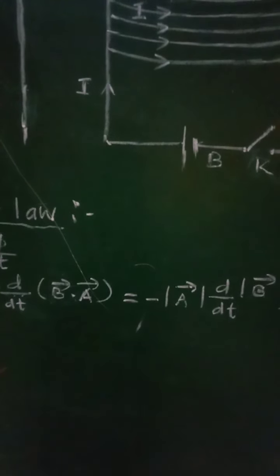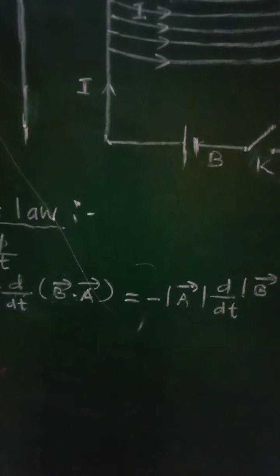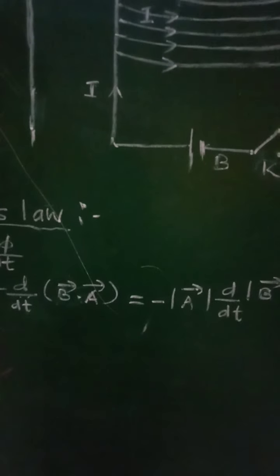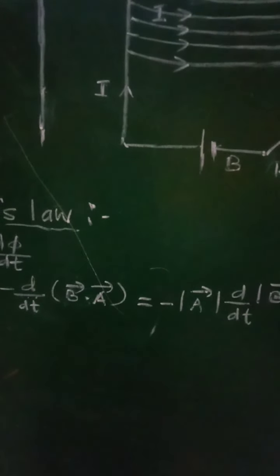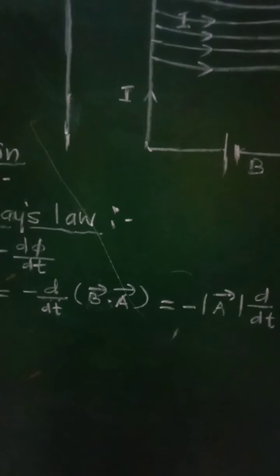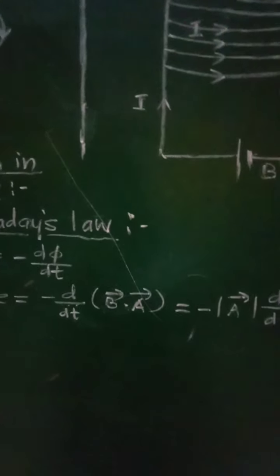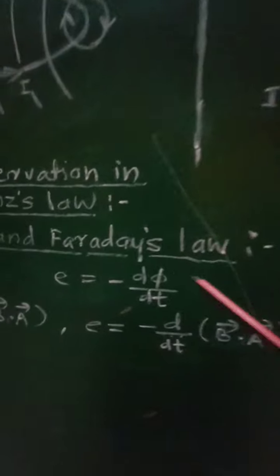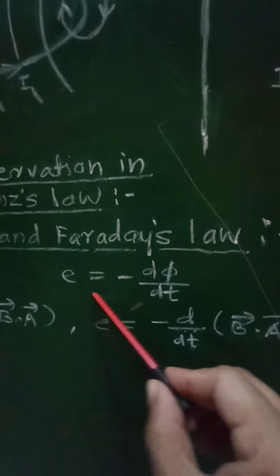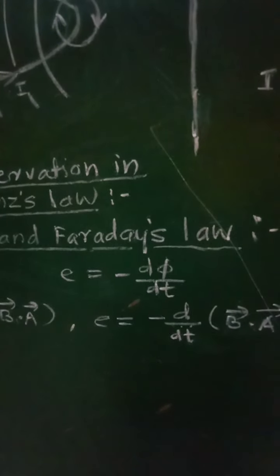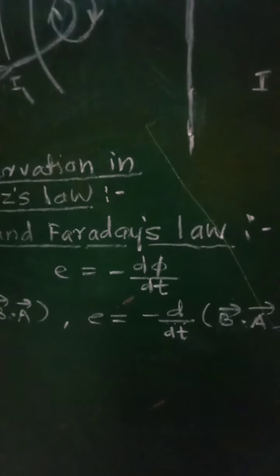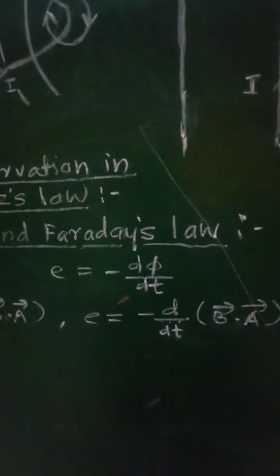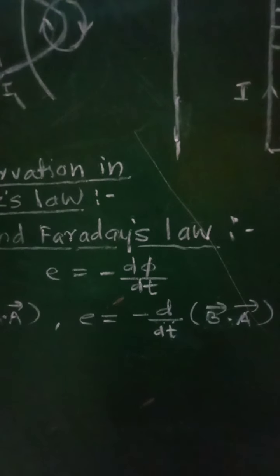As the sense of induced current in the loop is anticlockwise, that is negative, the sense of induced EMF is also taken as negative. Then the negative sign in the equation E is equal to minus d phi by dt incorporates Lenz's law into Faraday's law.